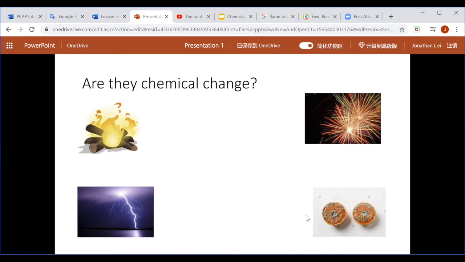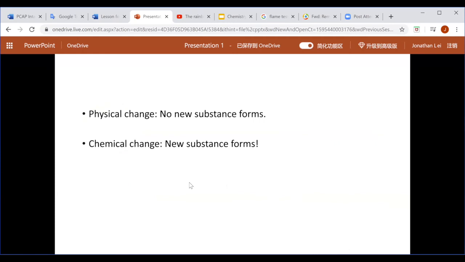It makes the mold grow, which is new. Yeah, right. That's right. So, yeah, that is physical and chemical change. A little conclusion is that physical change is no new substance forms. Chemical change, new substance forms.